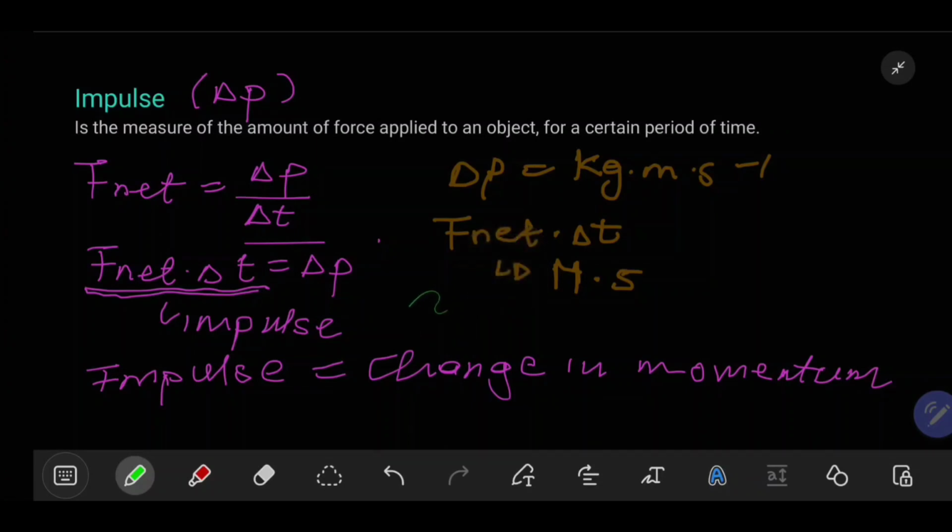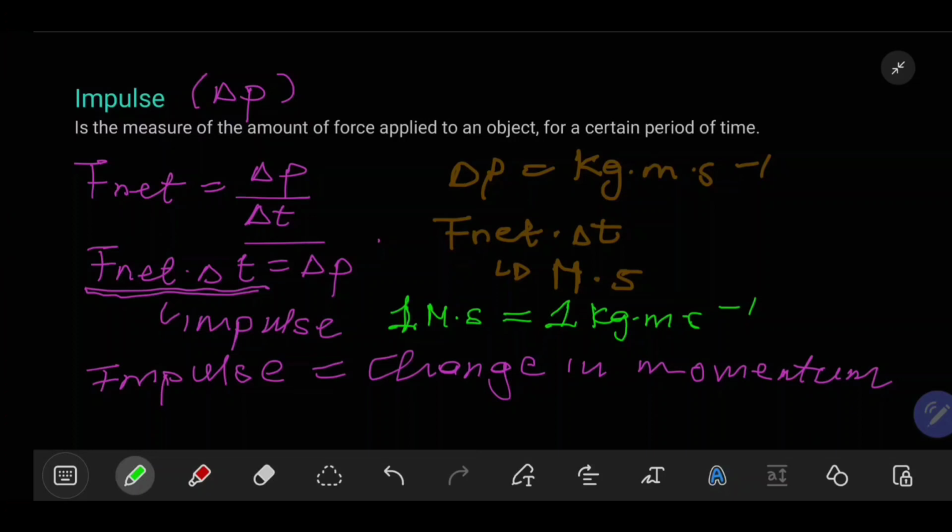So 1 newton second is equivalent to 1 kg meter per second. Any of these SI units is good for the impulse. This impulse is a crucial concept in understanding collisions.